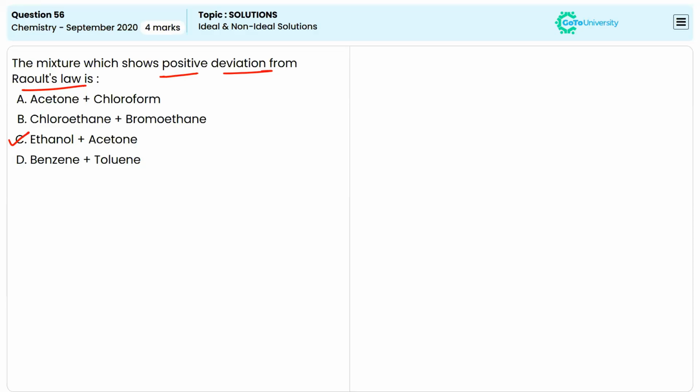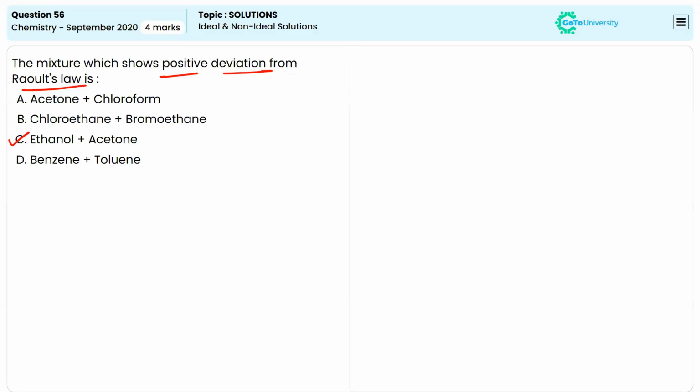What do you mean by the positive deviation? When the vapor pressure of the solution is higher than that predicted by Raoult's law, they will be showing positive deviation. The deviation happens because they are weakening the hydrogen bonds in the solution and more molecules will be escaping from the liquid phase, right?